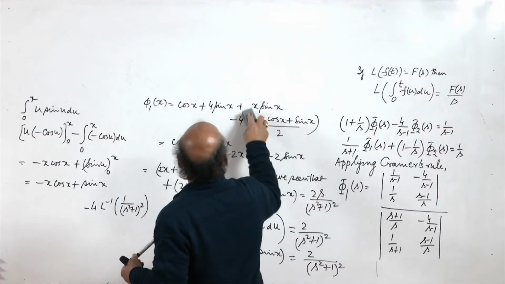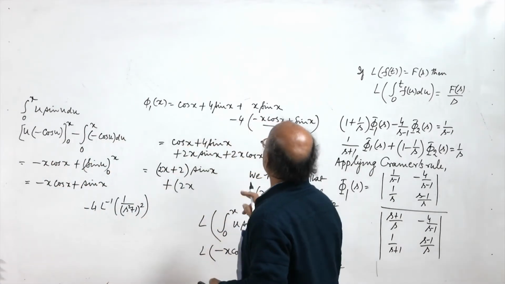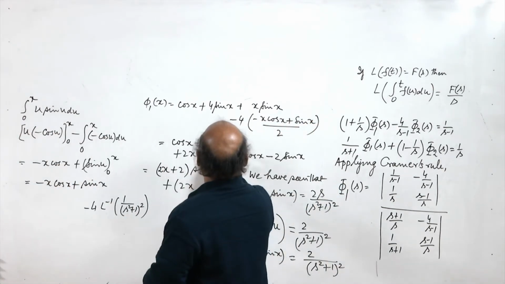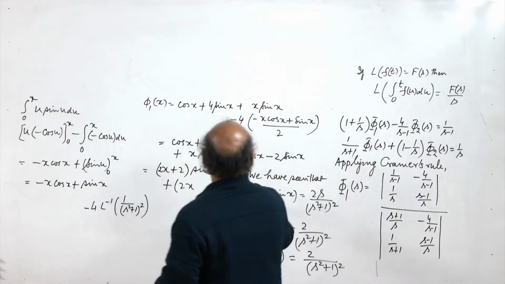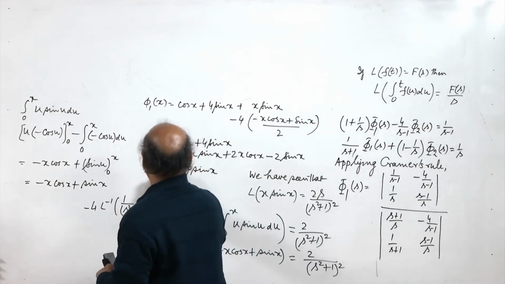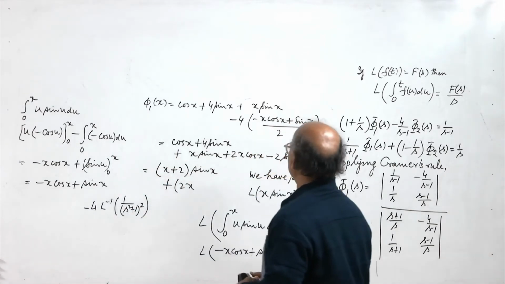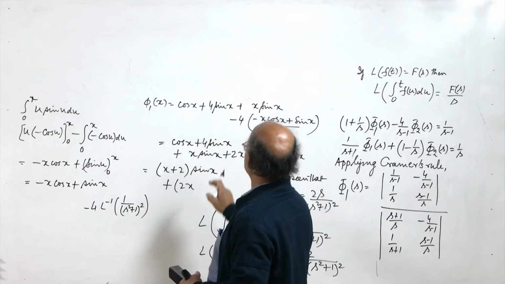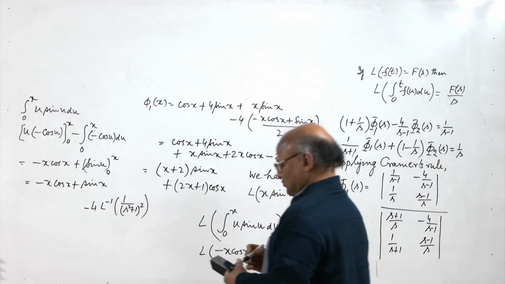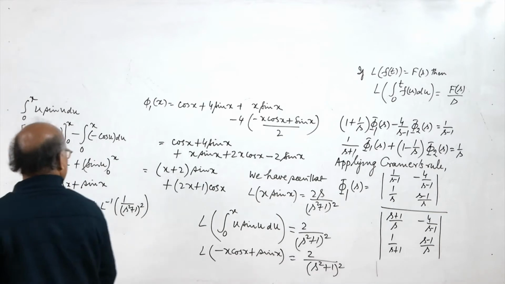This is cos x plus 4 sin x plus x sin x minus this. Now, we have cos x plus 4 sin x plus x sin x, and then we have 2x cos x minus 2 sin x. So, we will have here x plus 2 sin x, and then 2x plus 1 cos x, which is your function phi 1 x.